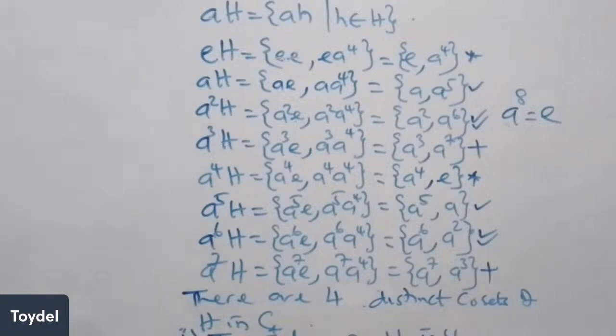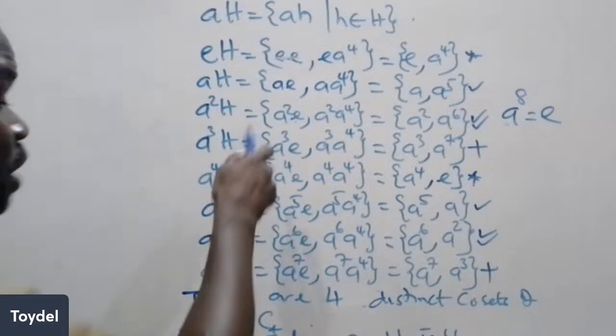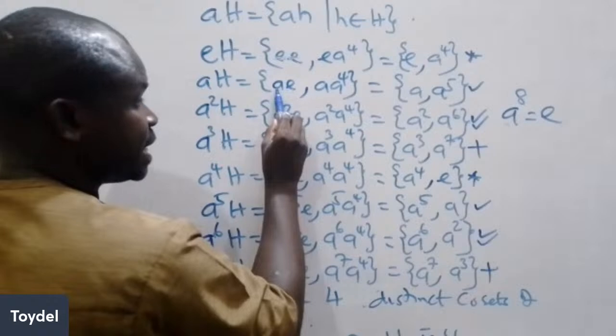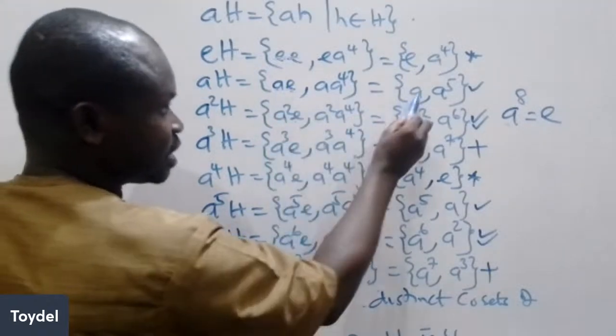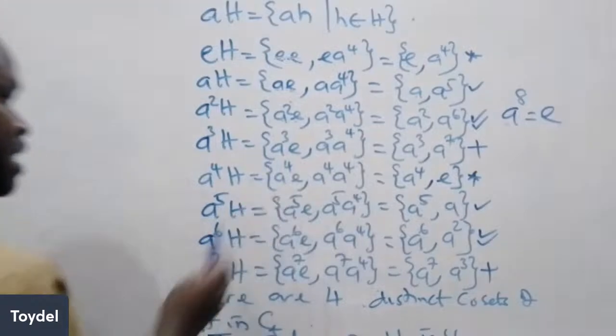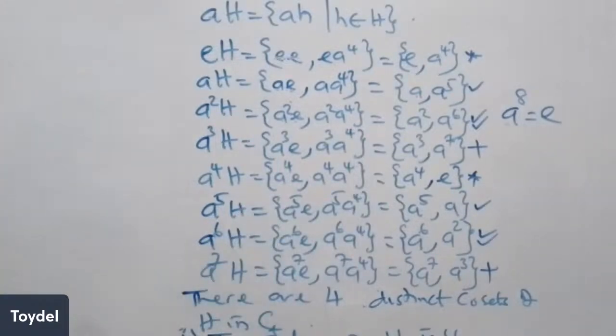We are not going to write 1, but you view it as 1. So it does not really have effect on this a. That's why when I said a multiplied by e is still a, a² multiplied by e is still a². So in this case you just view it as 1, but it's not 1. From the question, it's of order 8, so once we have order 8, it's going to be 1 in the actual sense.